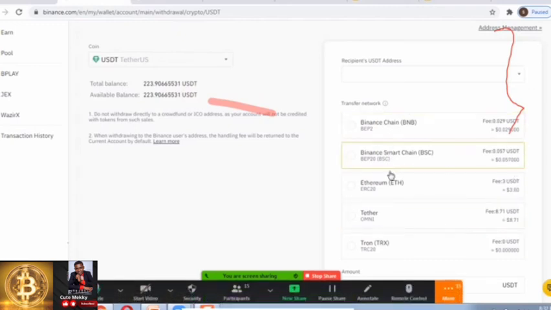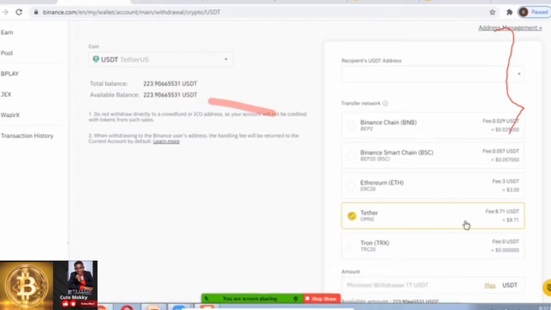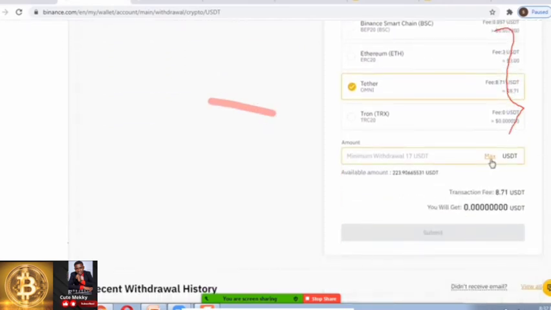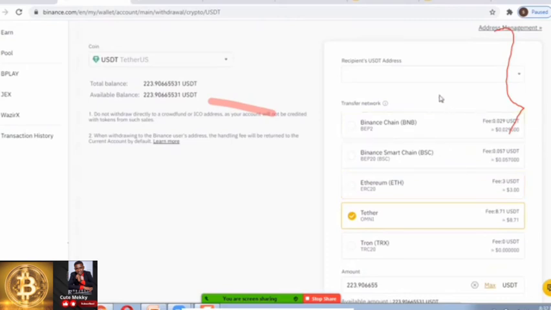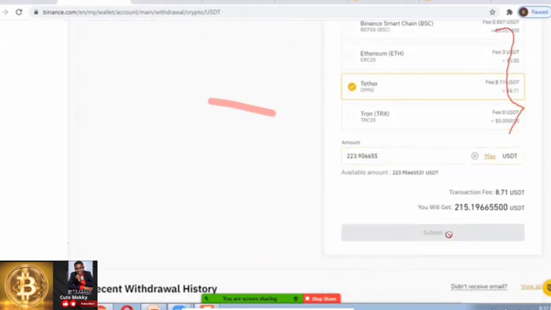So you basically have to define the network for the address. Most times it's always the Tether network. Then you put the amount. In this case, I can put maximum, and then I put the address that is receiving this amount of Tether, and then this button will be active. I click on submit, and that's all.